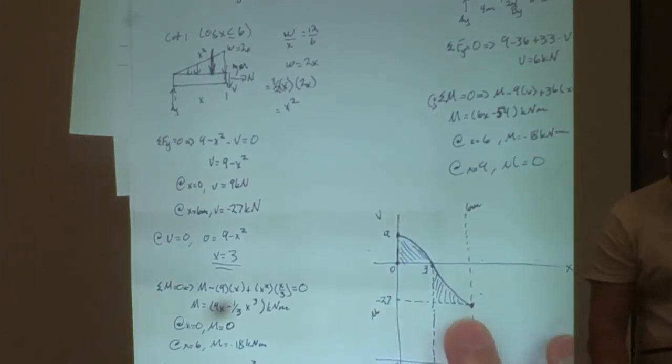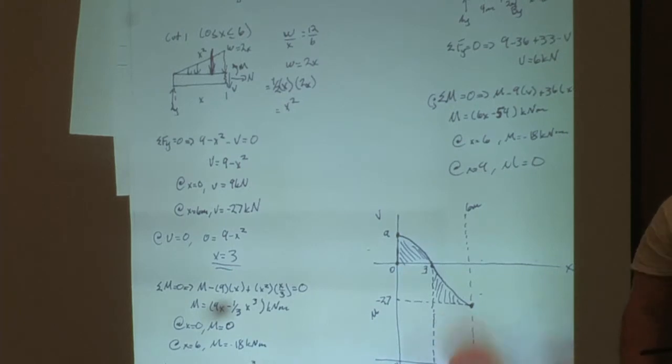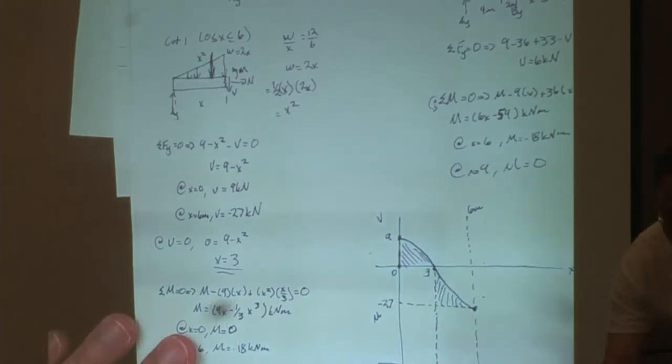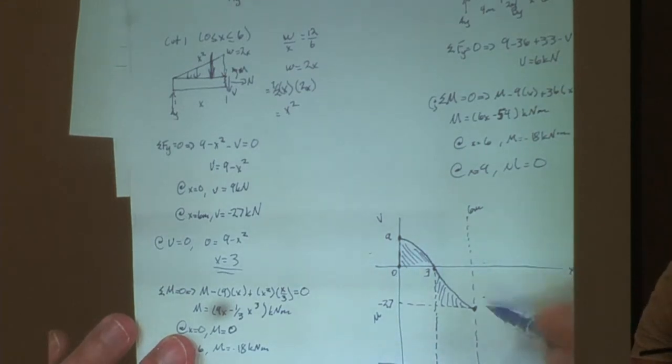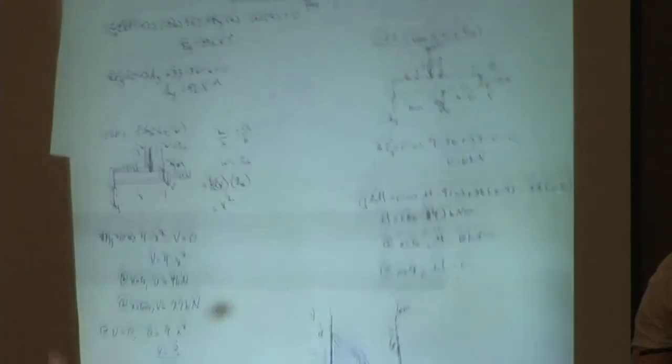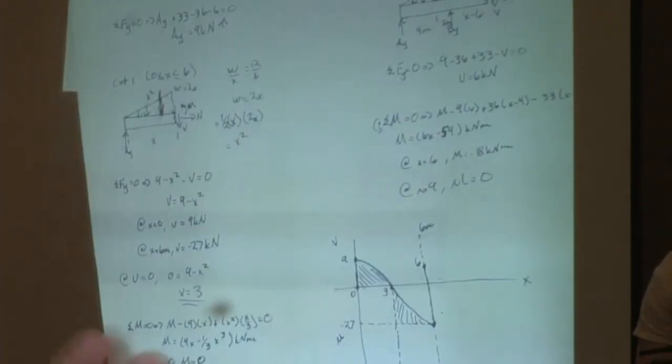All right, so now we're starting at negative 27. Where are we going? So we're going to go straight up to positive 6. Is everybody following that? We're doing that because of the reaction force of By. And then what happens to the line in this equation? So it stays constant, right?